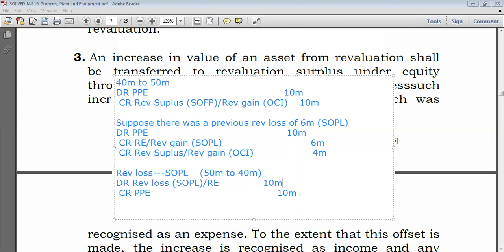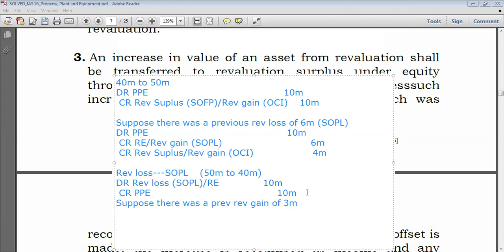And now let's suppose there was a previous revaluation gain of say 3 million. If there was a previous revaluation gain of 3 million, first of all, I would do as normal: my asset would decrease by 10.